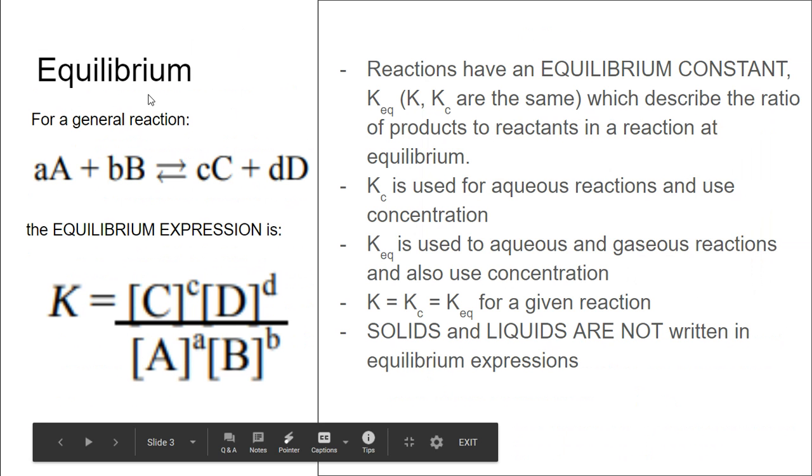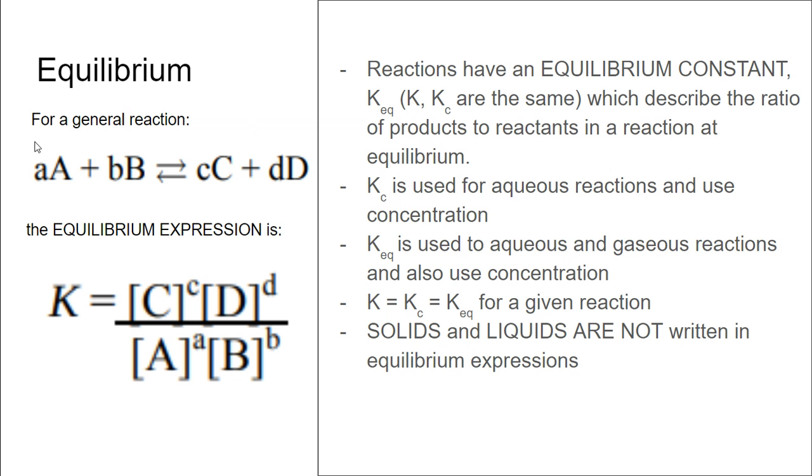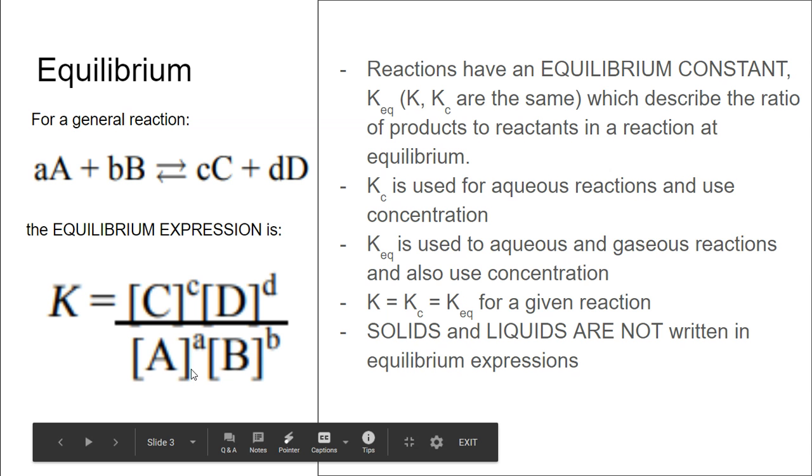Now, for this reaction right here, we can write an equilibrium expression. This is a constant K. It's equal to the concentration of the products to their coefficients over the concentration of the reactants to their coefficients.